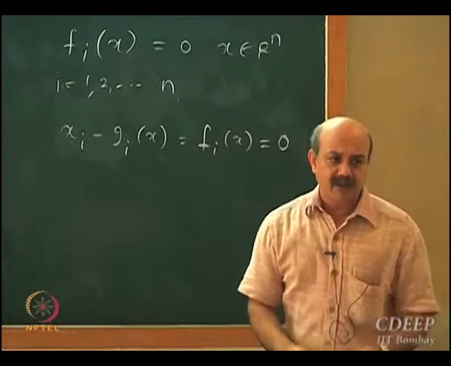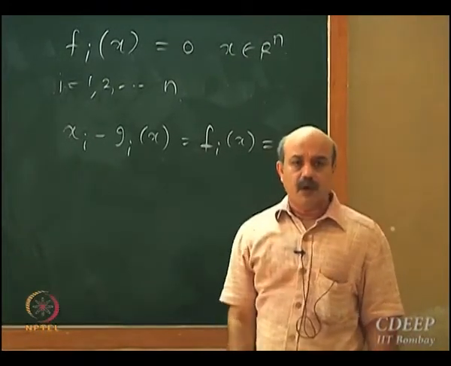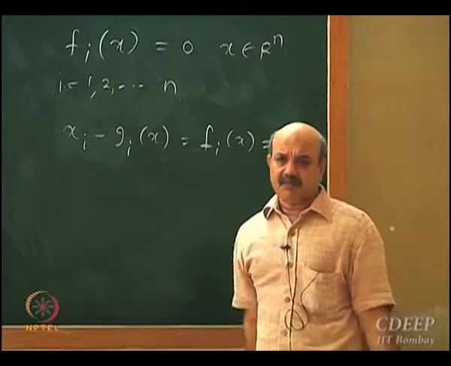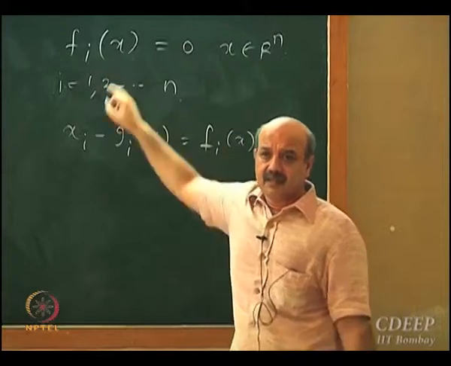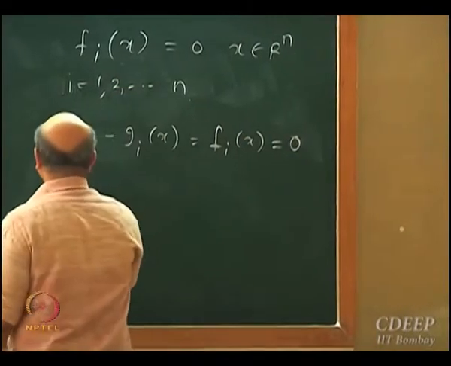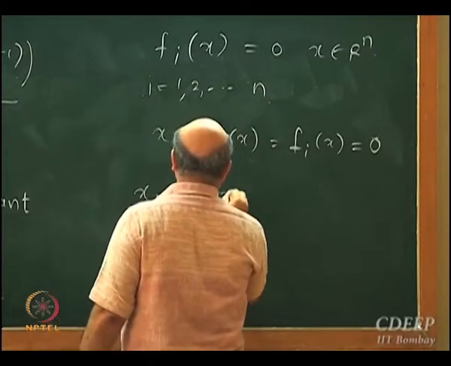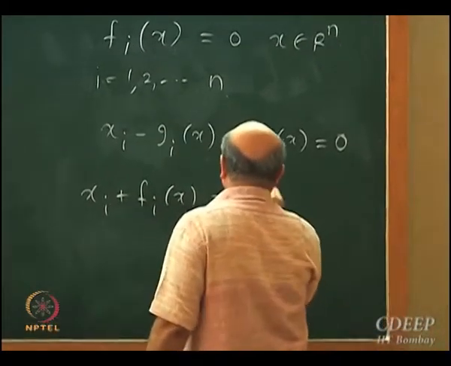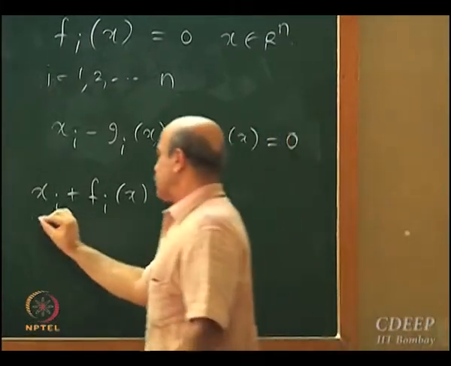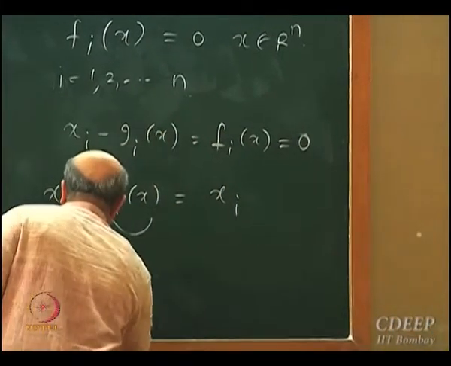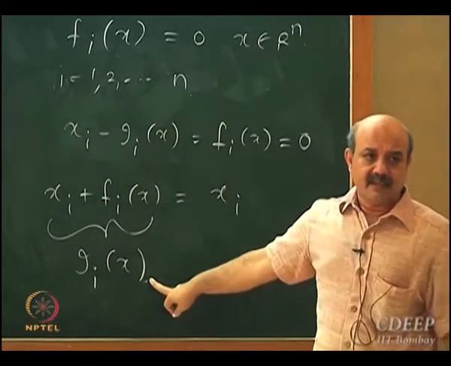The simplest way could be: if I start from this and add xi, I get xi plus fi of x, and I could call this gi of x.